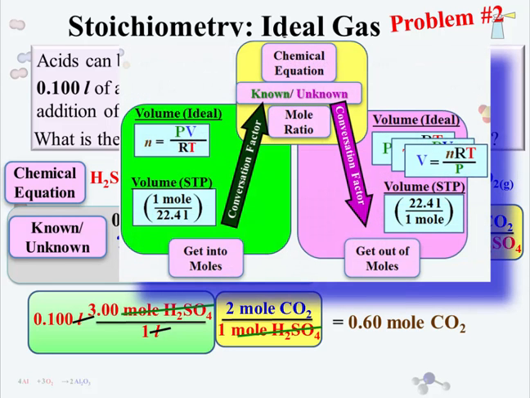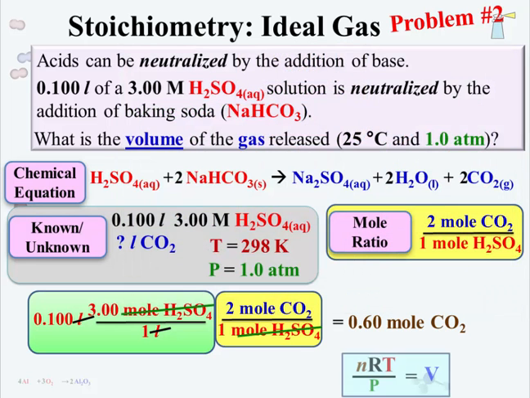In the graphical representation developed in this lecture, we saw that getting out of moles into volume uses the ideal gas law equation solved for volume. That is the equation needed to move out of moles of the desired substance and into asked for units of volume of the desired substance.